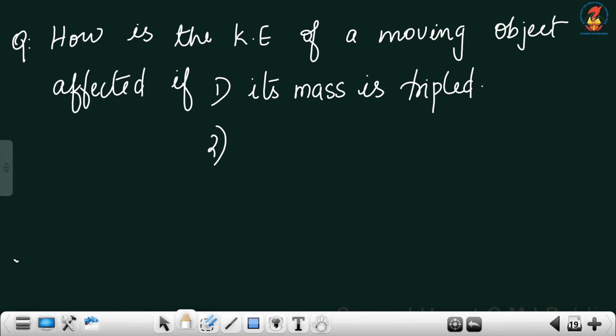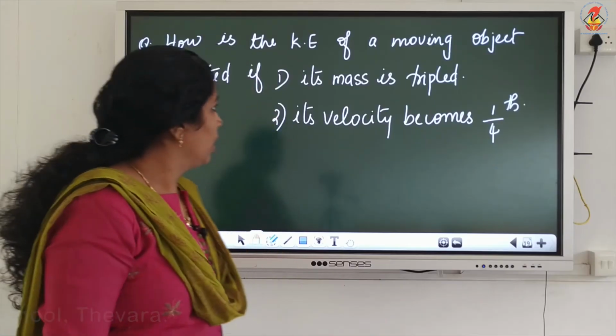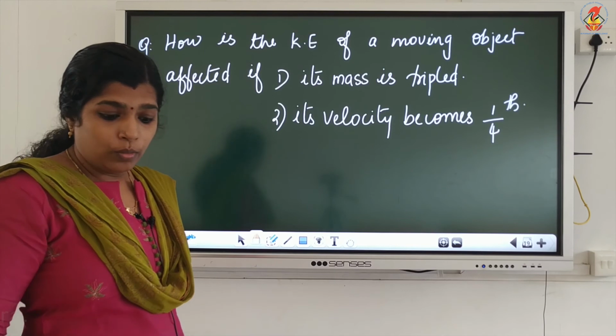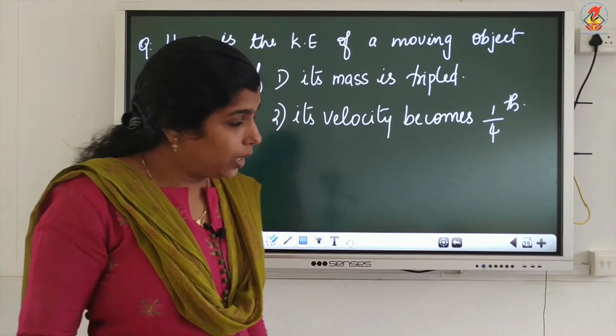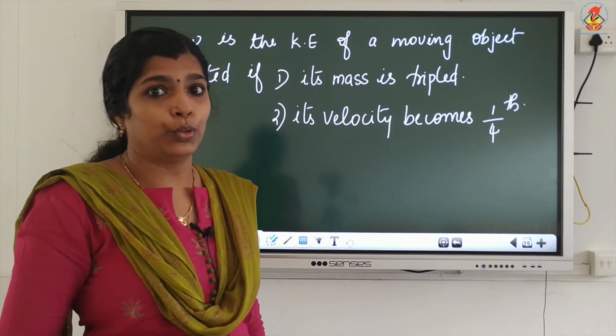Second one, its velocity becomes 1/4. So, what will happen to the kinetic energy of a moving object if its mass is tripled? And what will happen to its kinetic energy if its velocity becomes 1/4?